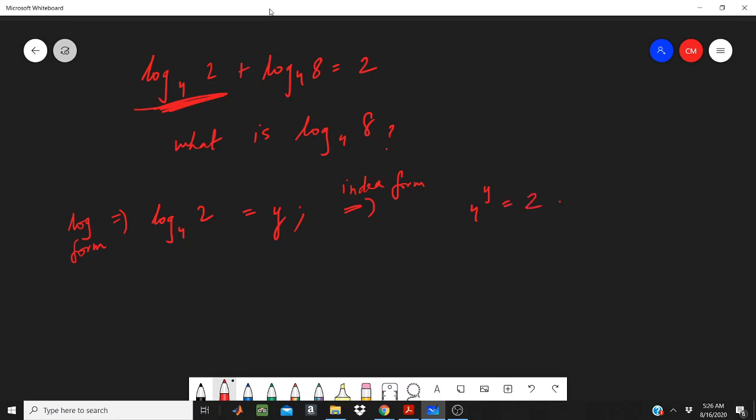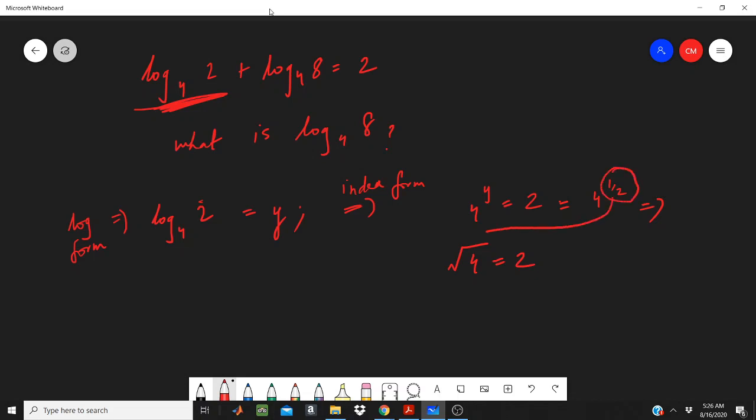So what should y be so that if you raise 4 to that number, you get 2? This is the same as writing 4 to the power of half, correct? Because if you take the positive square root of 4, you get 2. This half is just a square root.